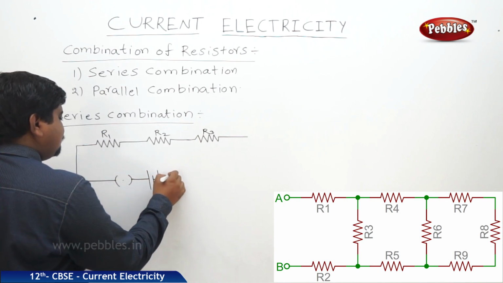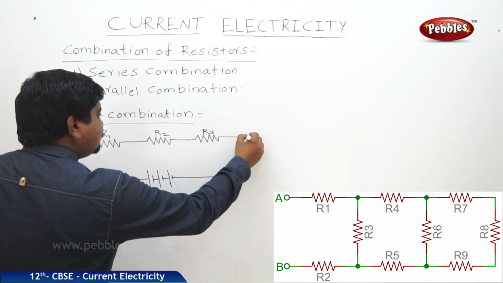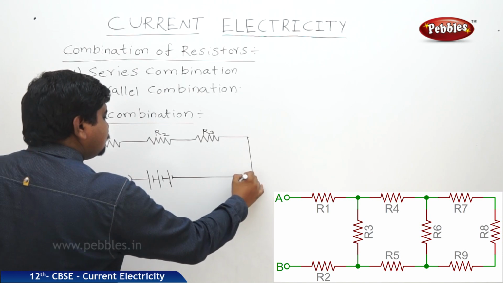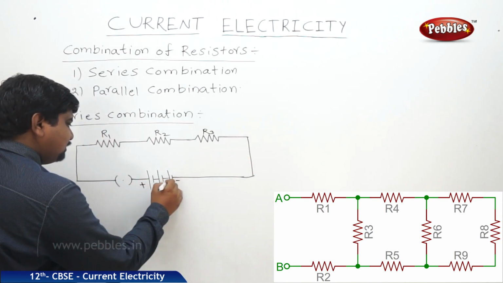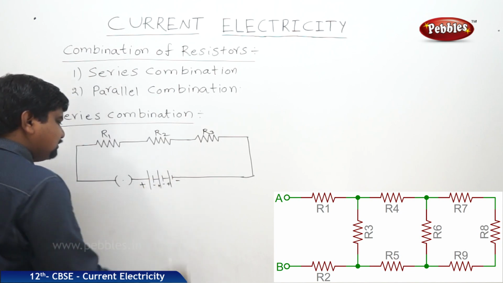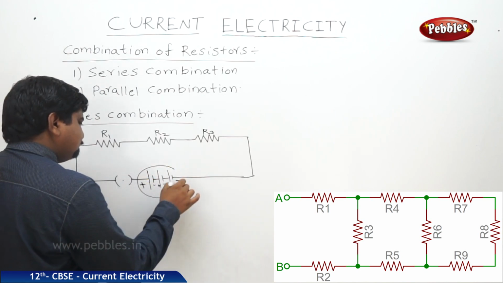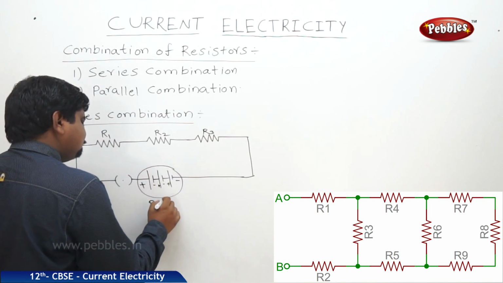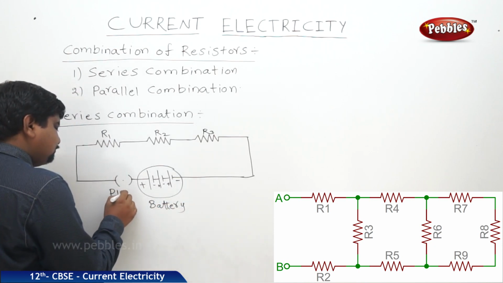Number of cells which are connected in a series is called battery. Plus, minus, plus, minus, plus, minus. It's a battery. It's a plug key.